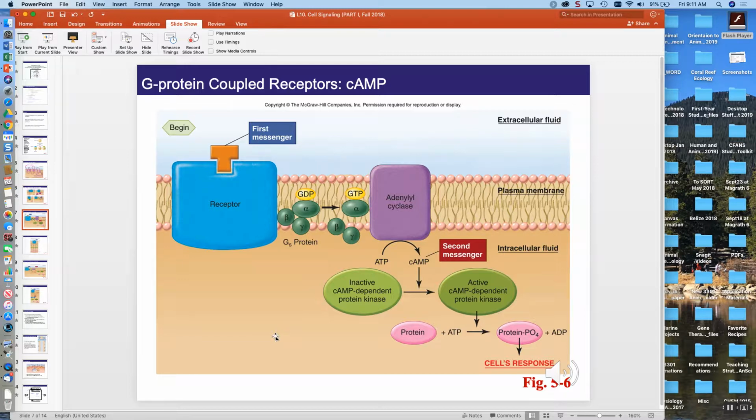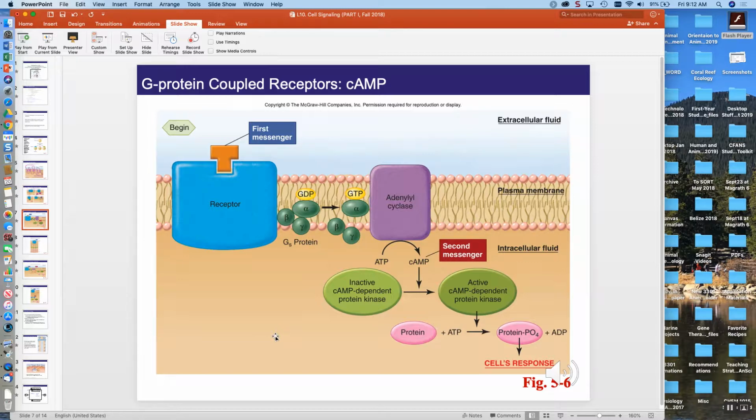And this GTP is like a timer you just set with your kitchen timer. So tick tock, eventually the GTP is going to hydrolyze back to GDP. But when it is in this form with GTP attached, it dissociates, it migrates over, and it binds to an enzyme called adenylyl cyclase.